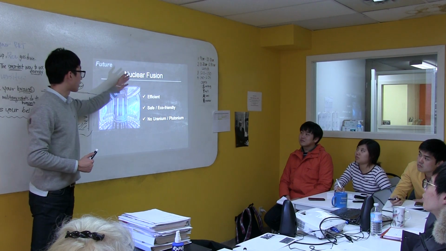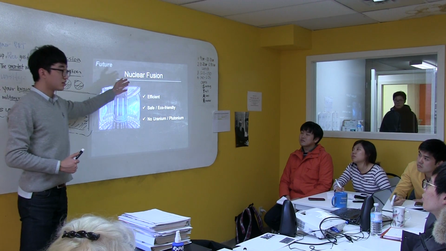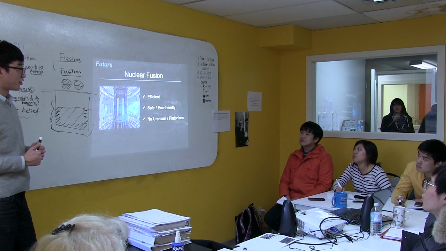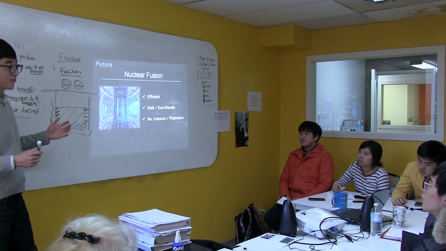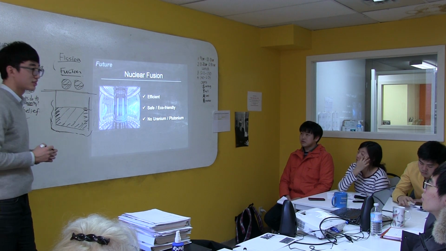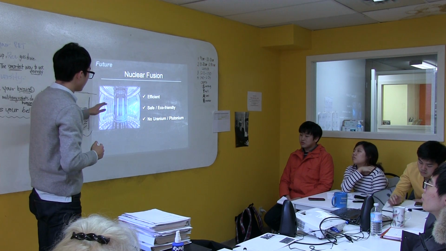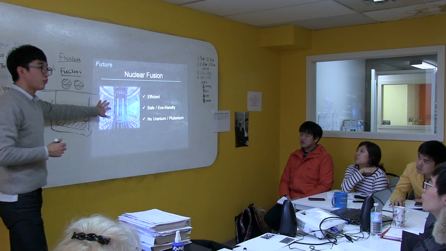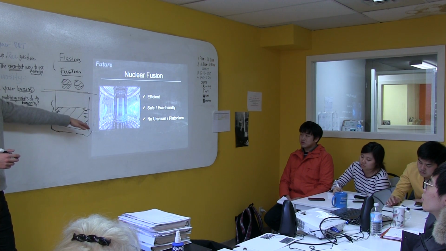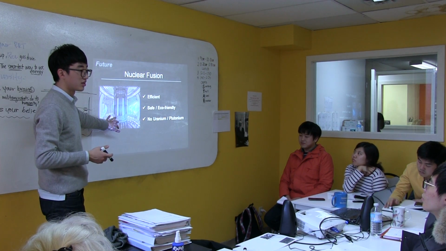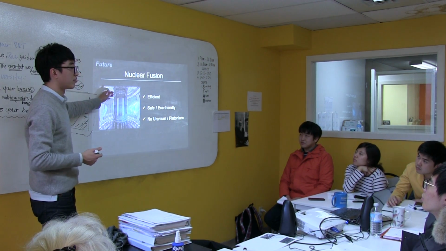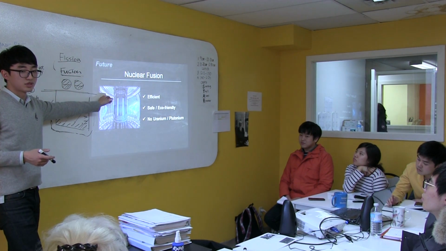The source of that reaction is water. We can say that we have an infinite source. But the problem is it's not well developed yet, so we cannot use that technology now. But if we can use it, it can be the main energy source in our life.